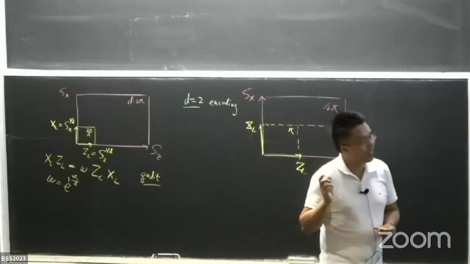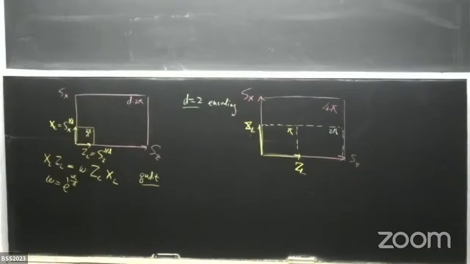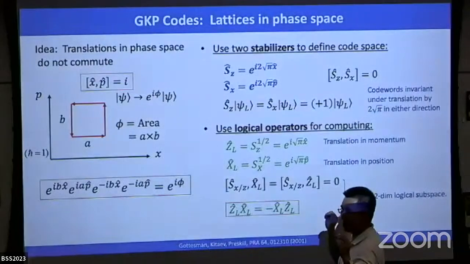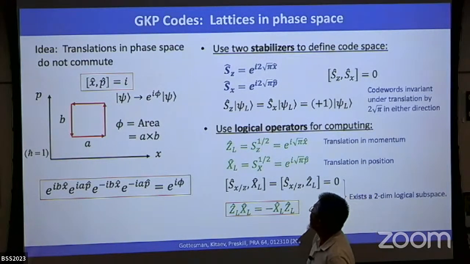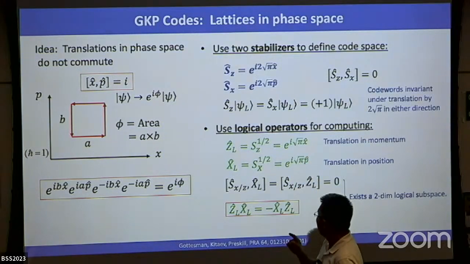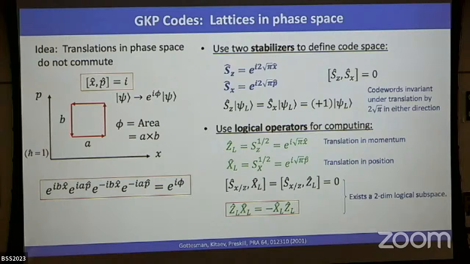That's a good question. People also try to construct Hamiltonians associated with the stabilizers, so that you get ground states associated with the GKP code, or maybe even engineer some dissipation, which will stabilize these quantities.